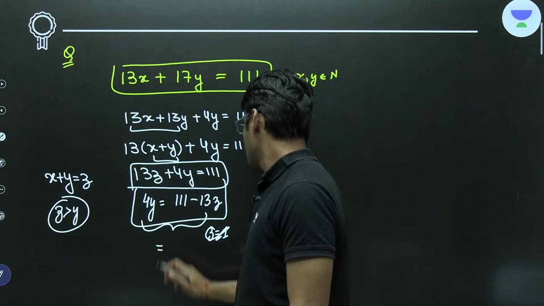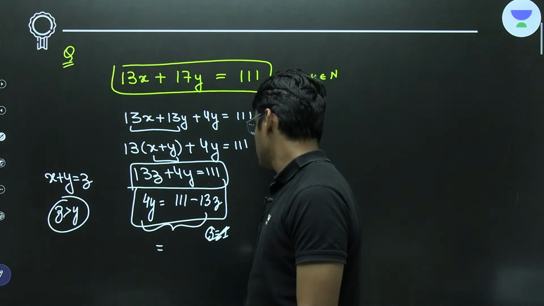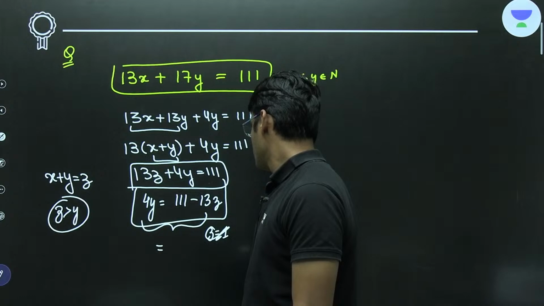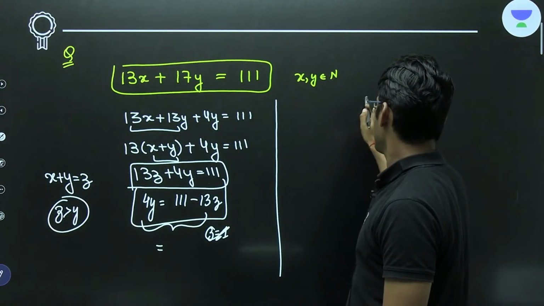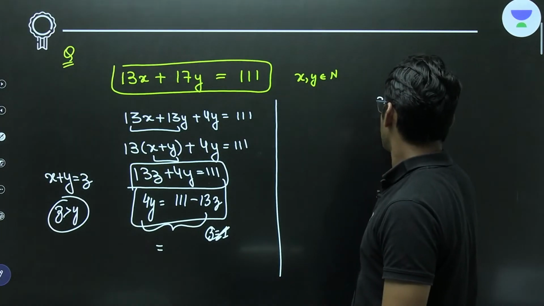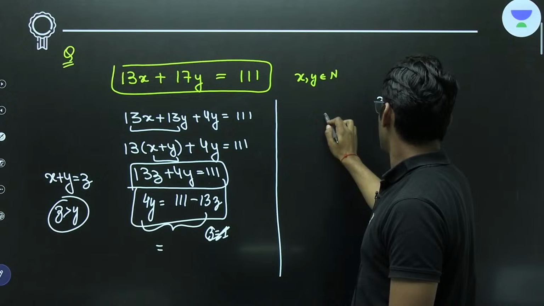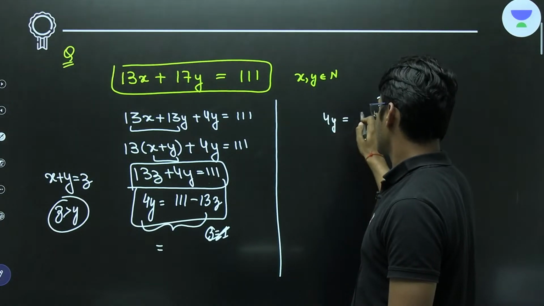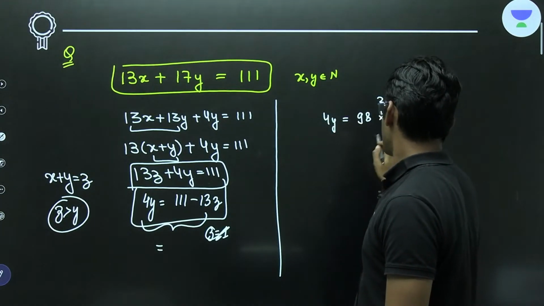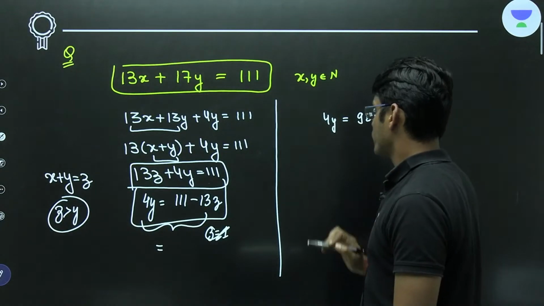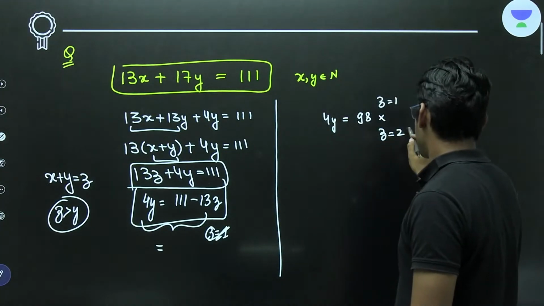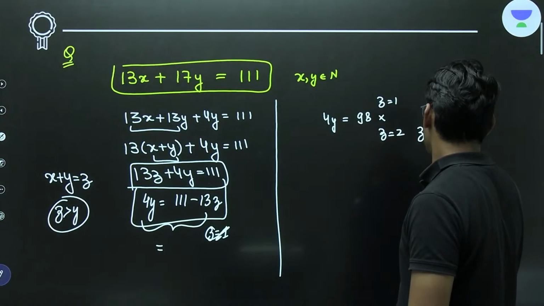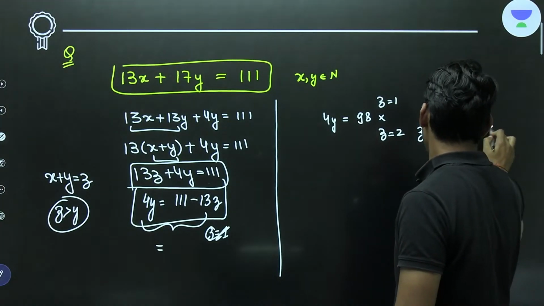Let's start with 1 only. Let it be. So you have 4y equals 98, which is not a solution. z equals 2. Now z cannot be even. Why?